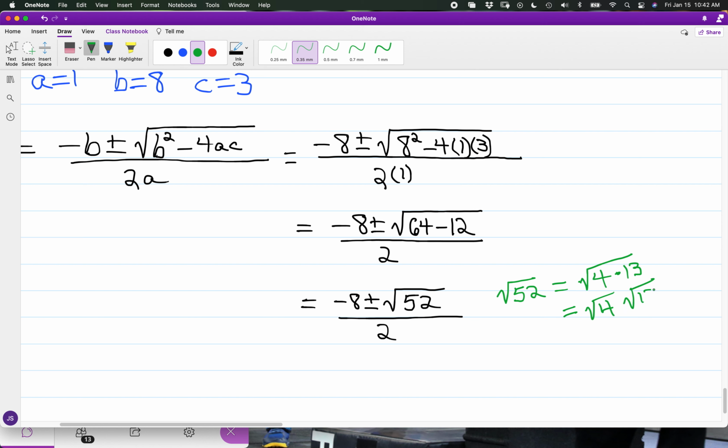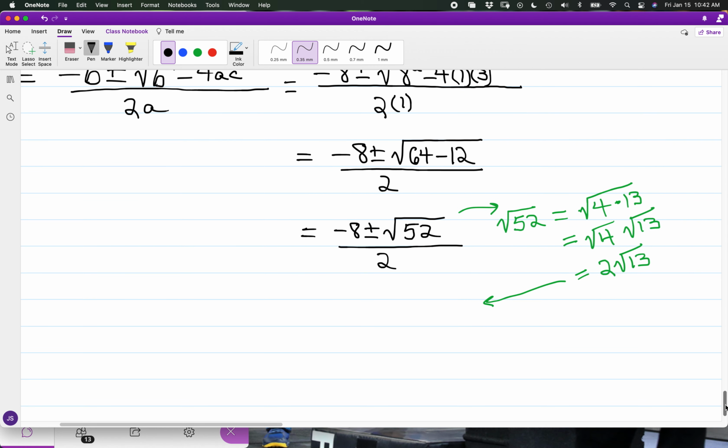And so the square root of 52 will come out to the square root of 4, which is 2, times the square root of 13. So putting it back, we got negative 8 plus or minus 2 times the square root of 13, all over 2.